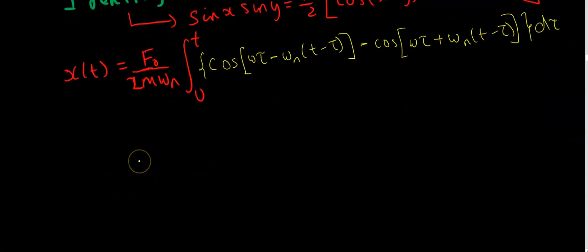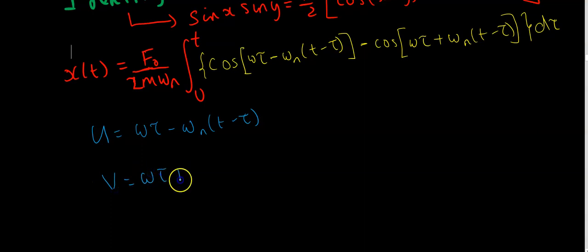And to do that, I'll use some substitutions. Listen, maybe u is equal to omega tau minus omega_n (t minus tau), which is this term here, and maybe v is equal to omega tau plus omega_n (t minus tau).